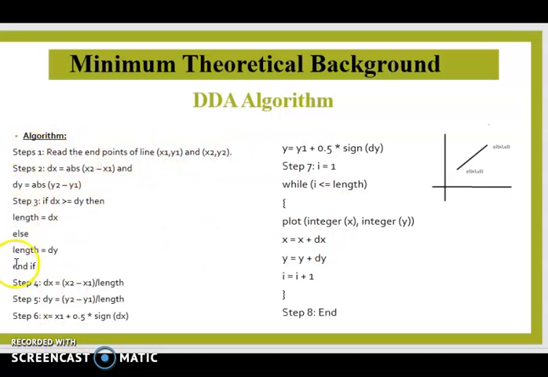We know the first point, and by using the incremental approach we find the next point, and with the help of the second point we find the third point. In this way, we reach the last point, which is P2. You can see the video I explained in your theory lecture on the DDA algorithm.